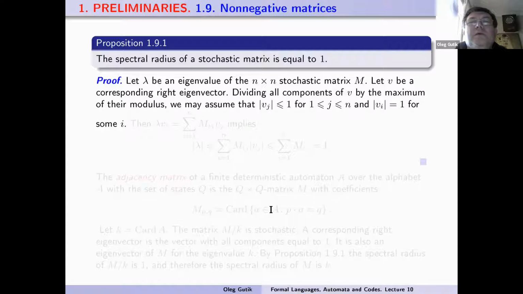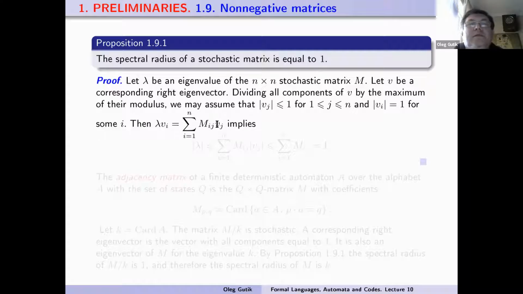Dividing all components of the vector V by the maximum of the modulus, we may assume that the modulus of the coordinates V_j is less or equal to 1 for all j from 1 to n, and the modulus of V_i is equal to 1 for some i.